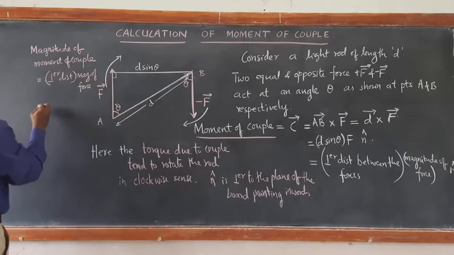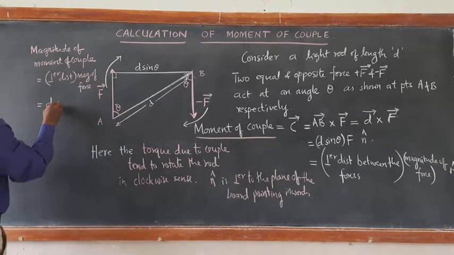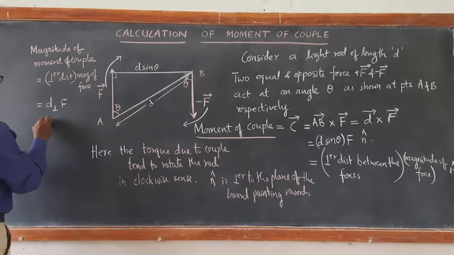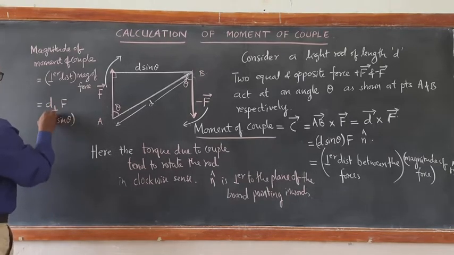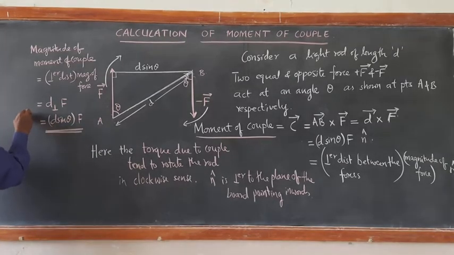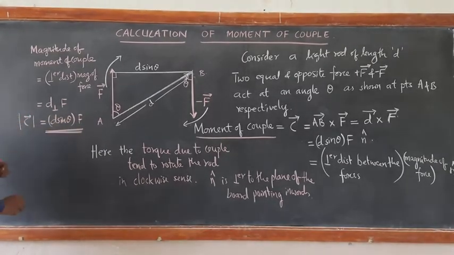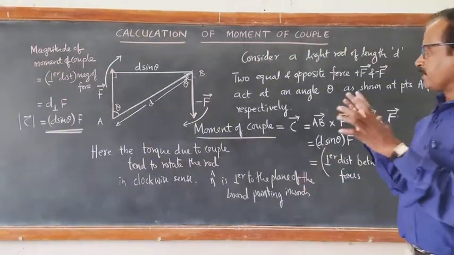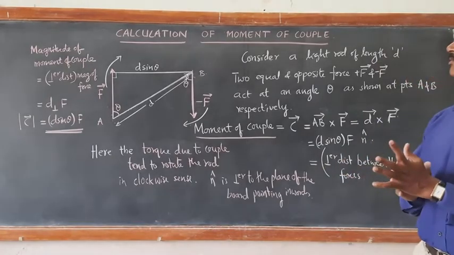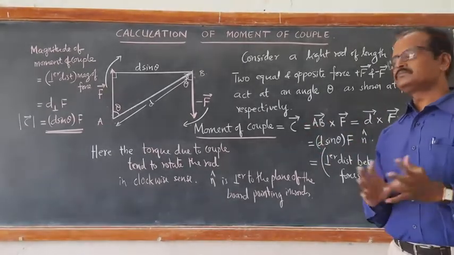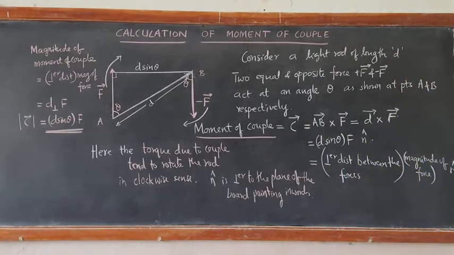So this itself, d perpendicular into F, or you can write it as d sin theta into F. So this gives us the magnitude of couple. So if the forces are not acting perpendicular, then we have to consider the perpendicular distance using this diagram by considering the trigonometry.